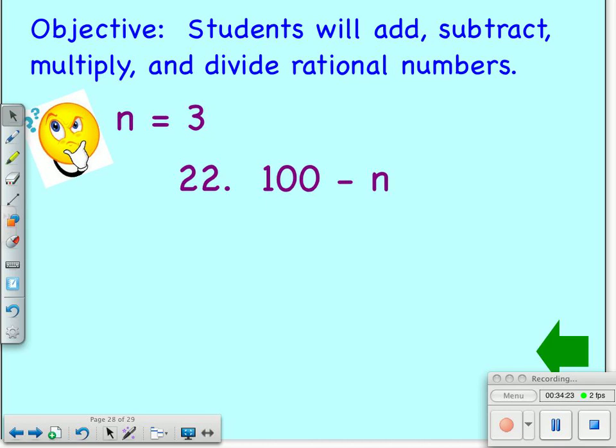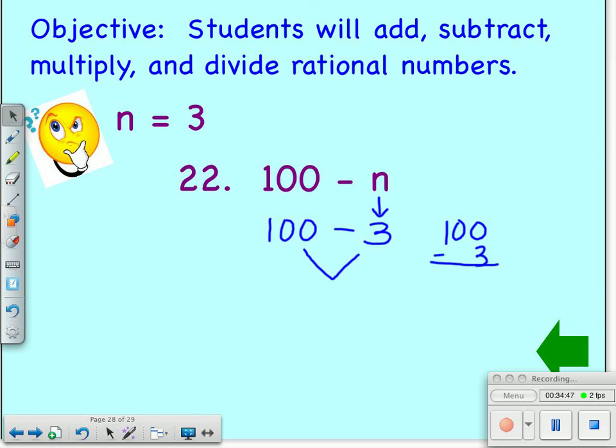Last one, number 22. 100 minus n. 100, I'm not going to change. I'm going to substitute, though, the n for the number, you guessed it, 3. And now 100 minus 3. Some of you may be able to do that in your head and just write the value of it here. Others of you may have to write it in long form and use the borrowing.